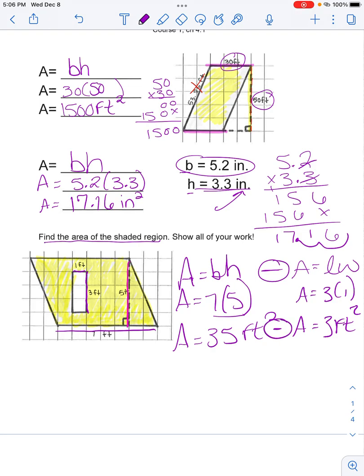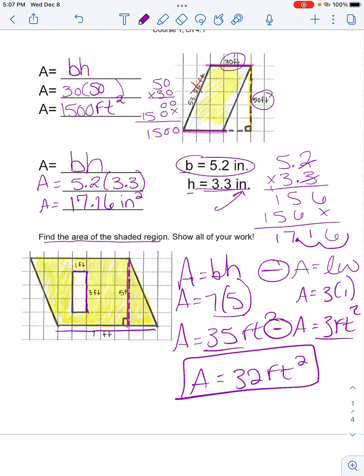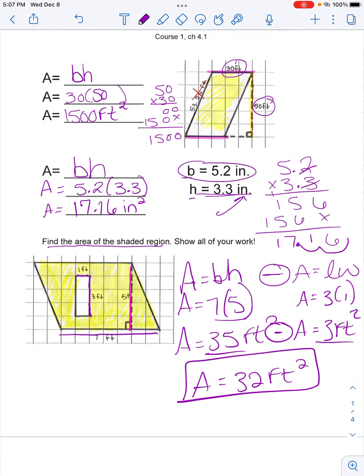So the parallelogram, 35 feet squared, take out the area of that rectangle that's not shaded, 35 minus 3. The area of the shaded region, 35 minus 3 is 32 feet squared. So that's it for today. We're going to just take out a region that is not shaded.